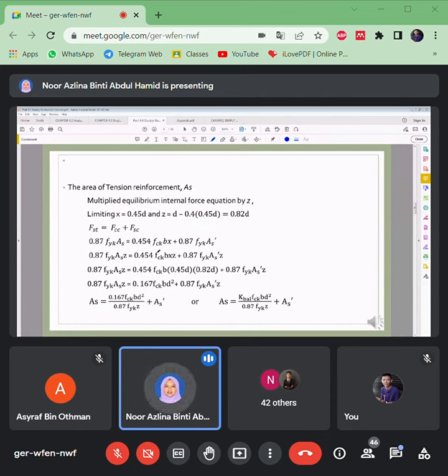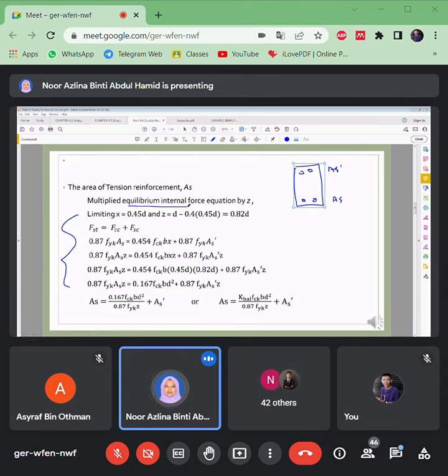Okay, so this is how to come up with the equation of AS. Remember, for the W, you need to know what the AS value and also what the AS prime value. In the equation of AS, it's still the same.